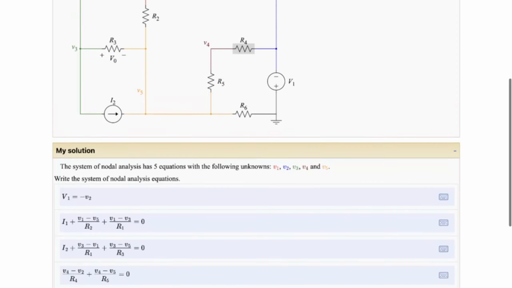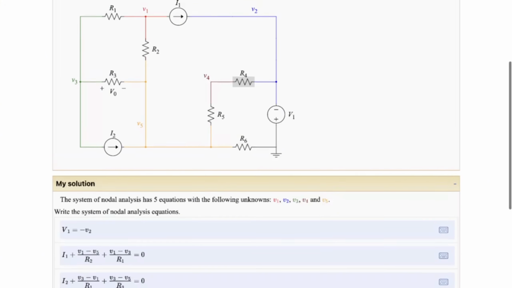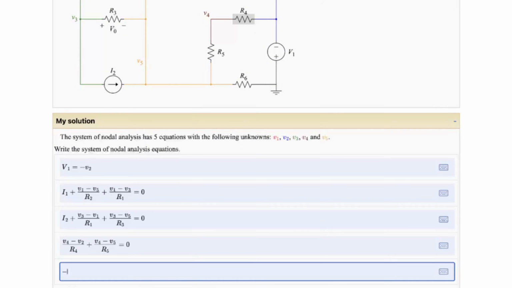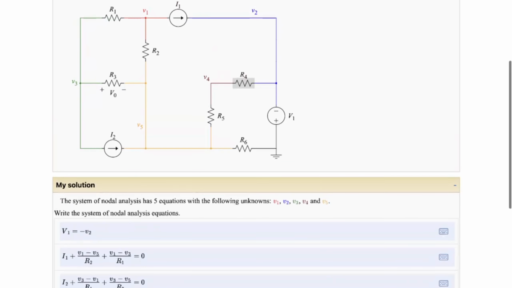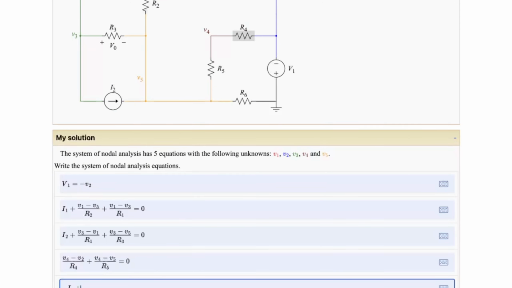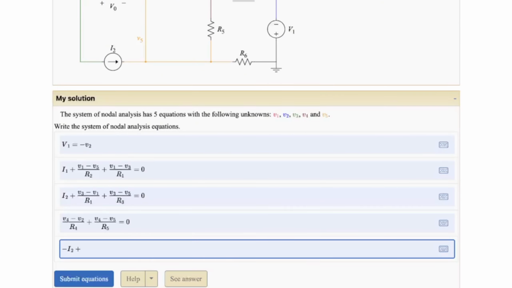So now finally, for the last equation, let's work with V5. For this one, we have a current source, I2 on the bottom, and it's going into the node. Any current going into the node, we're going to treat as negative. So it's going to be negative I2. And then let's use Ohm's law on the rest of the resistors. Starting from the bottom, from V5 to the reference node over R6, it's going to be V5 minus 0 over R6. We can ignore the 0. It's going to be V5 over R6.